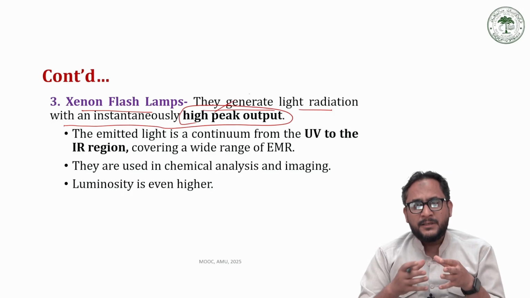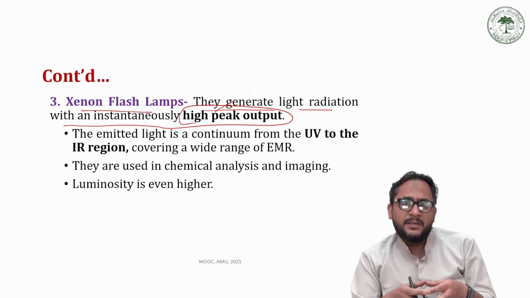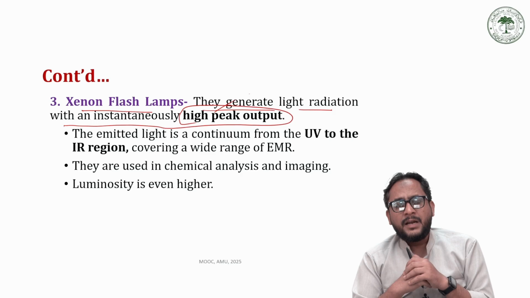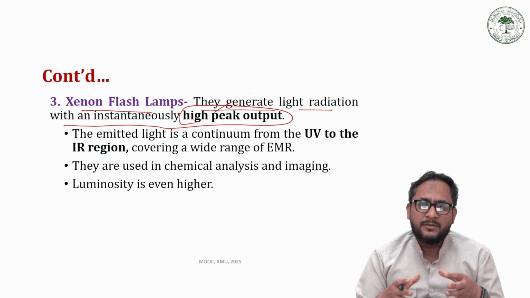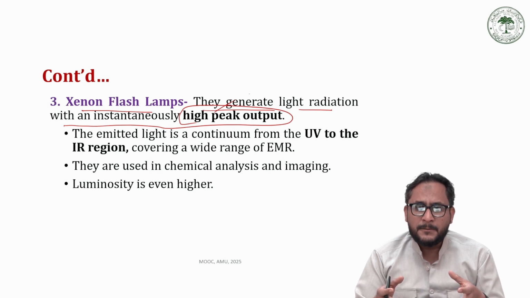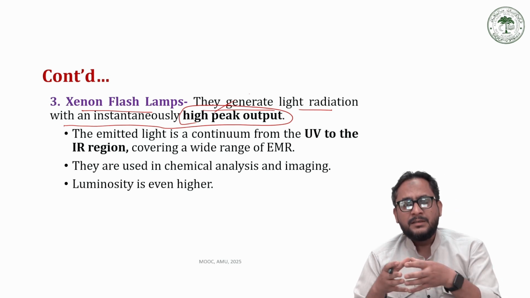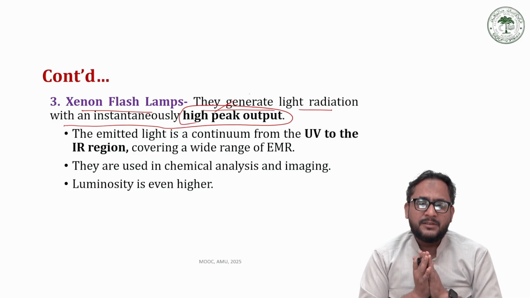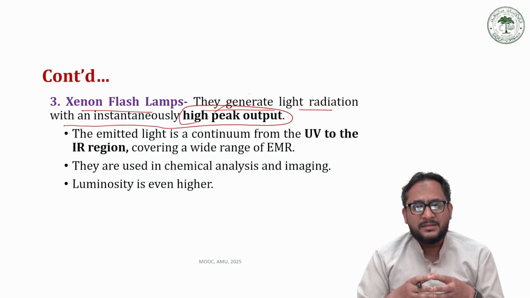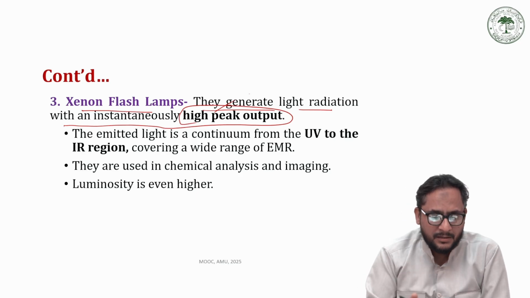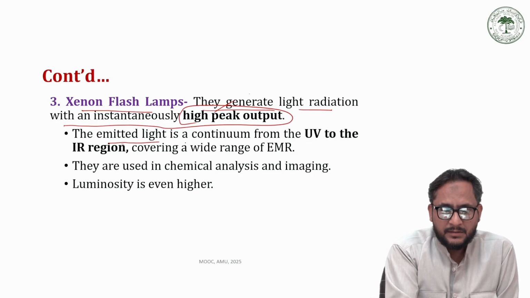Because if we provide the same intensity that is being provided by a continuous light source, just like a xenon arc lamp, but the existence is for a very short period, it will not create the necessary intensity of light which is needed for the fluorescence phenomena to occur. And therefore, since its existence is for a very short time, the intensity or the luminosity of these lamps is very high. So they emit light radiation.